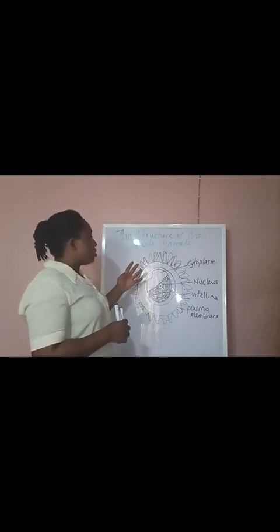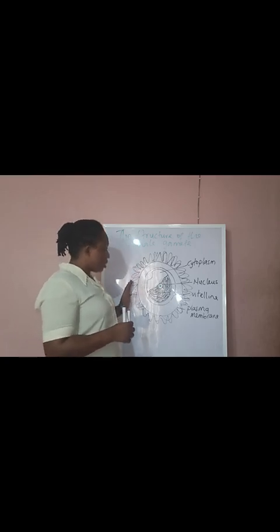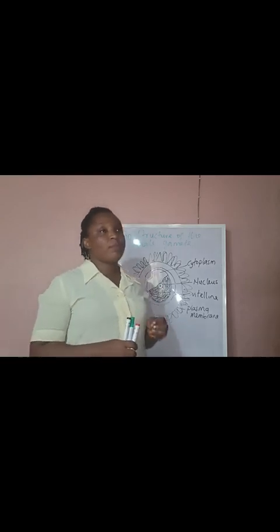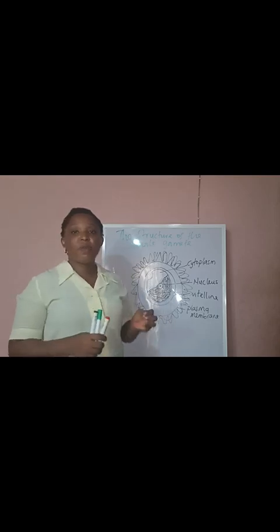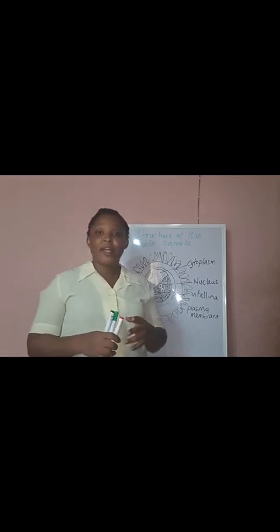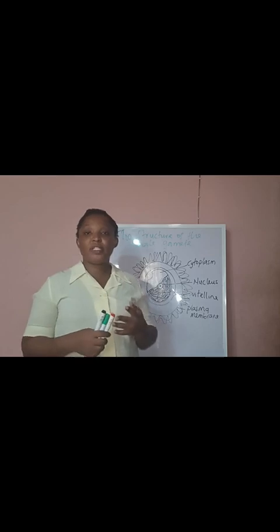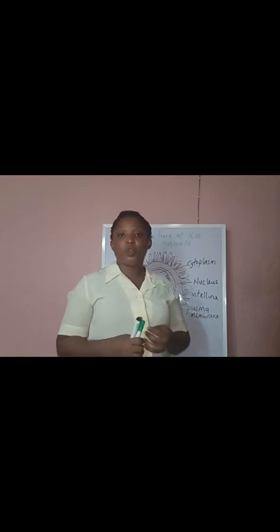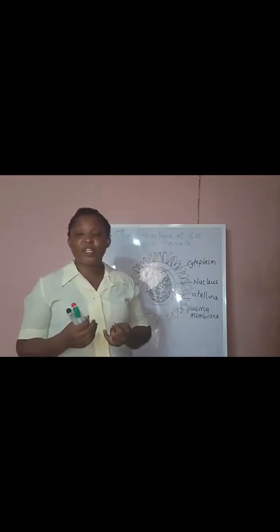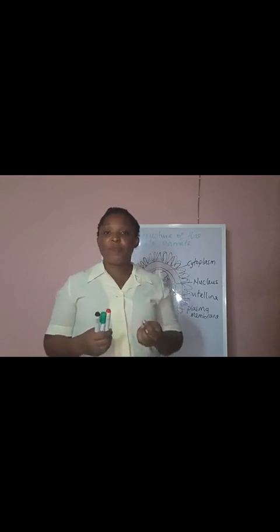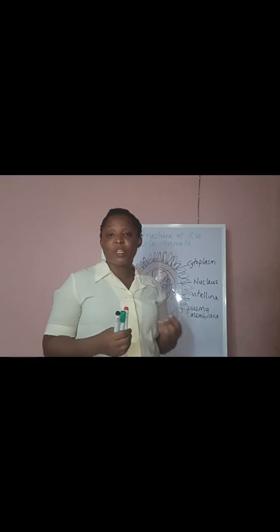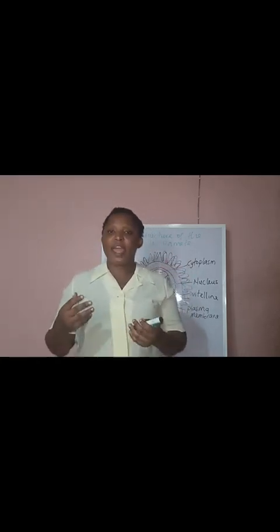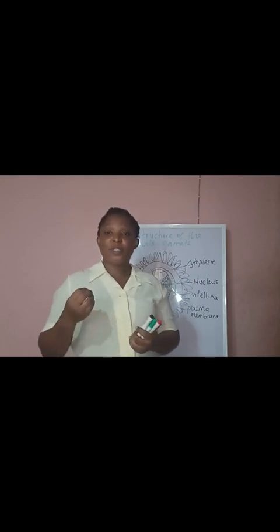So this is the structure of the female sex cell. With this, we have learned about the male and the female reproductive system and their cells. We can see the differences between their cells. The difference between the egg and the sperm is that the sperm is very small, so it cannot be seen with the naked eye, while the egg is big, so it can be seen with the naked eye.